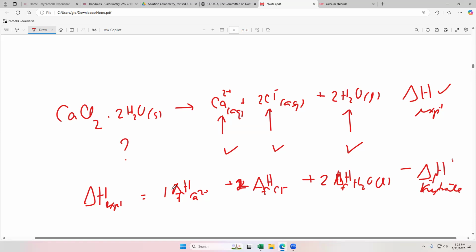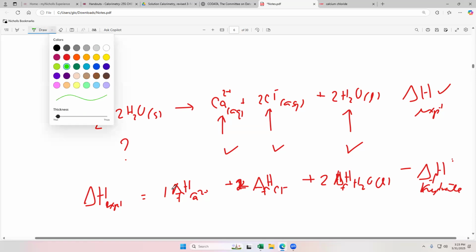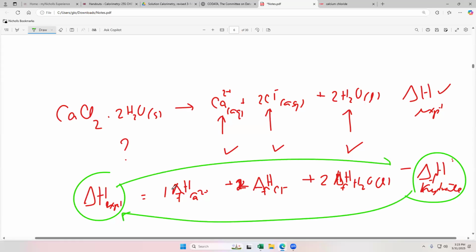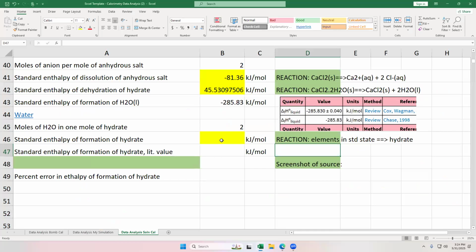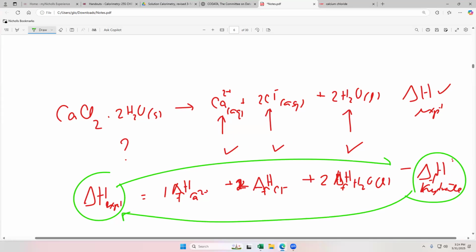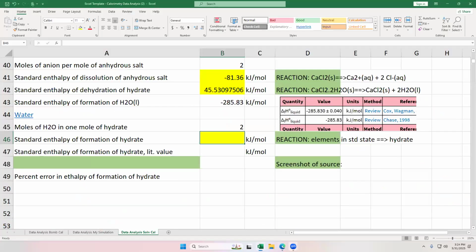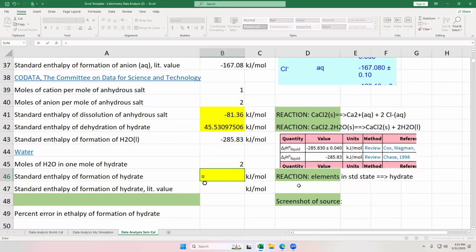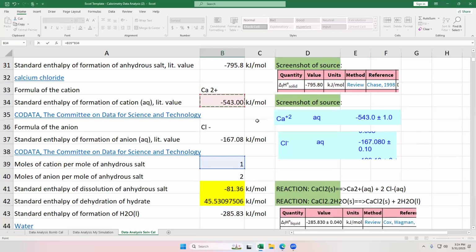And all you have to do is switch these two. This one goes here, and then this one goes there, right? So let's calculate the delta H formation of our hydrate. What's our formula? It's equal to 1 mole of cation times delta H formation per mole of cation.